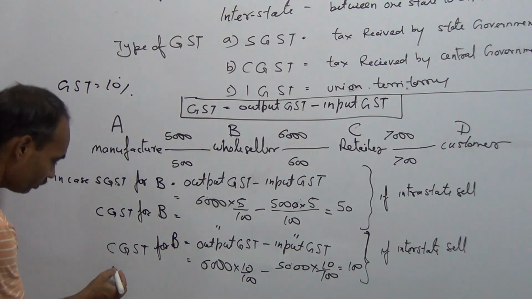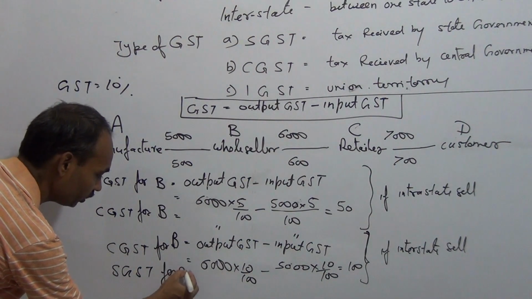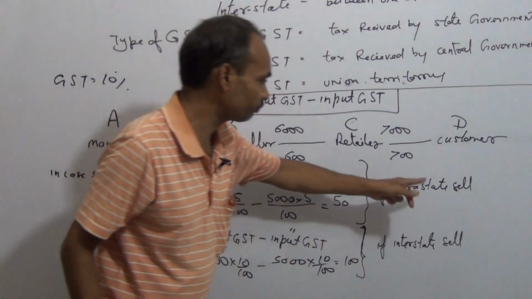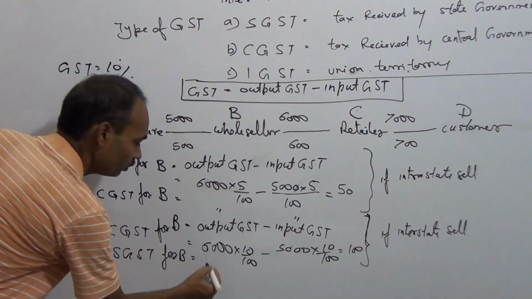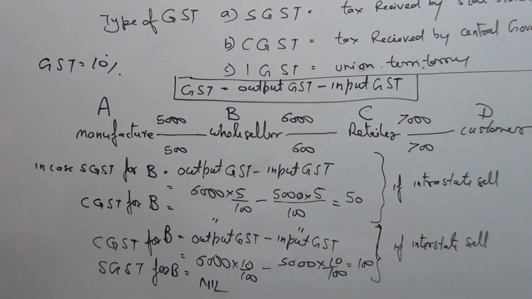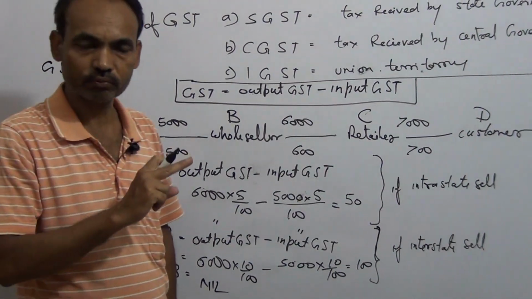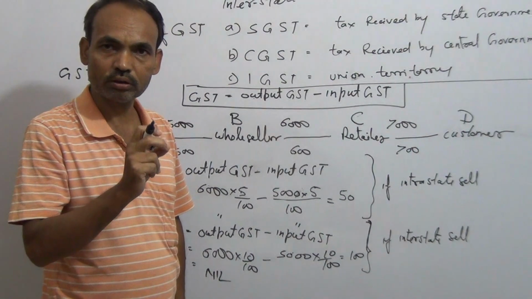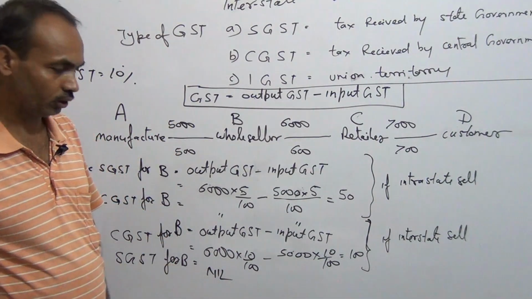And the SGST for B in case of interstate is nil, because in interstate selling the state government cannot obtain any type of GST.